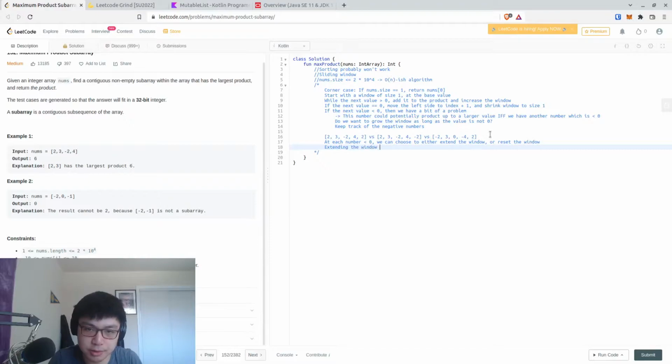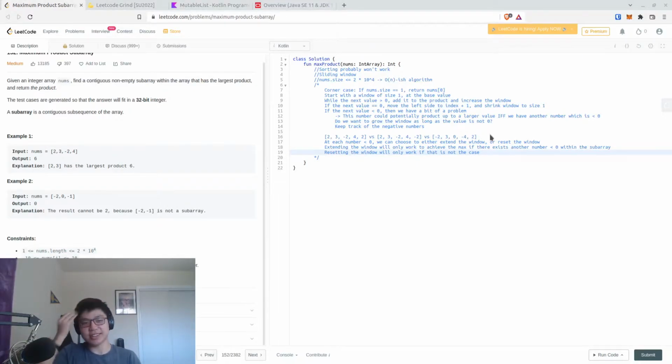Extending the window will only work to achieve the max if there exists another number less than 0 within the subarray. Resetting the window will only work if that is not the case.